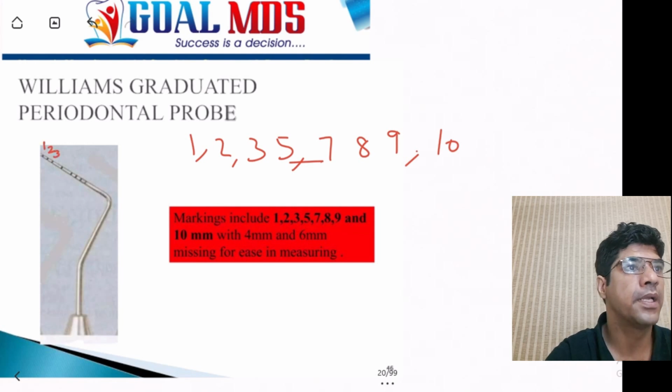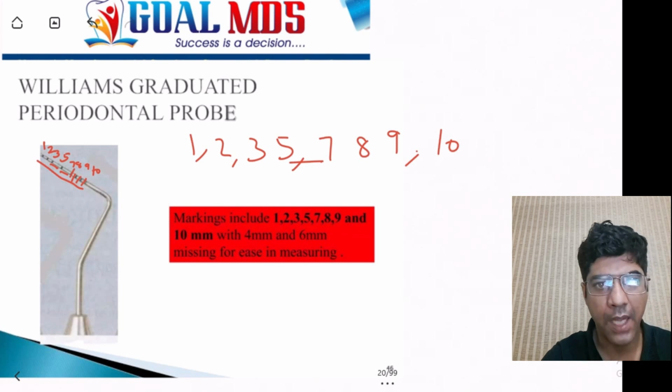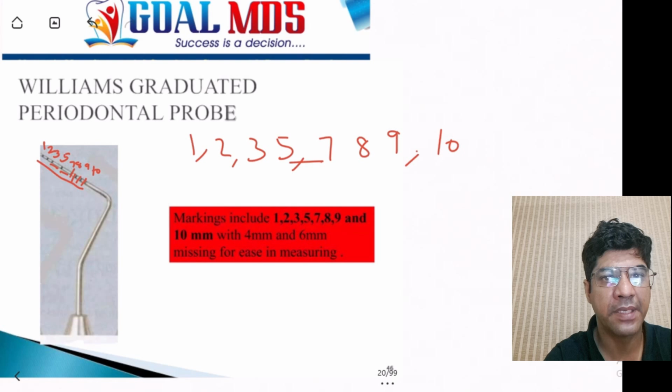So you can see the markings here, 1, 2, 3, so 4 is missing, 5, again 6 is missing, 7, 8, 9 and 10. The markings are at 1 millimeter, 2 millimeter, 3 millimeter, 5 millimeter, 7 millimeter, 8, 9 and 10.